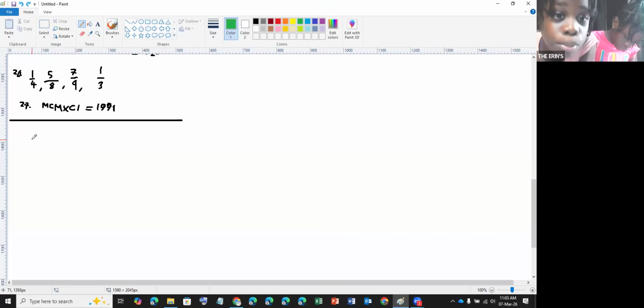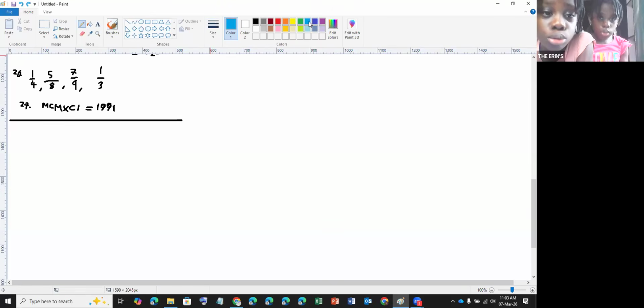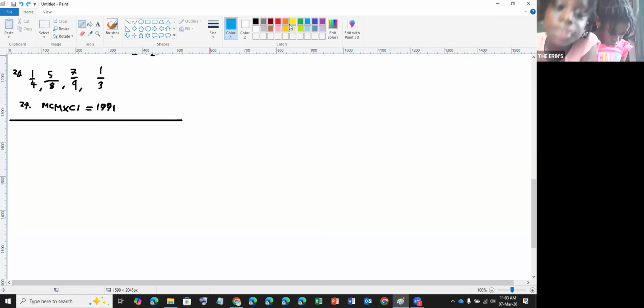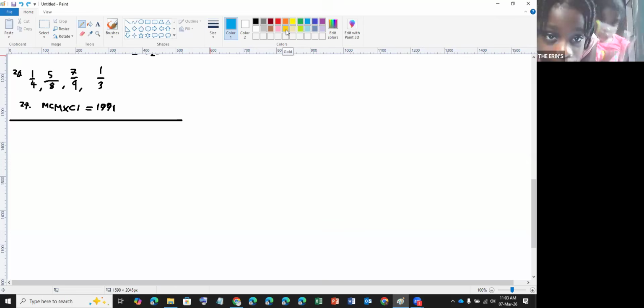Use blue. Yellow. Blue. The problem with yellow is that yellow does not show well. The closest to yellow I can use that shows well is orange. Use orange.